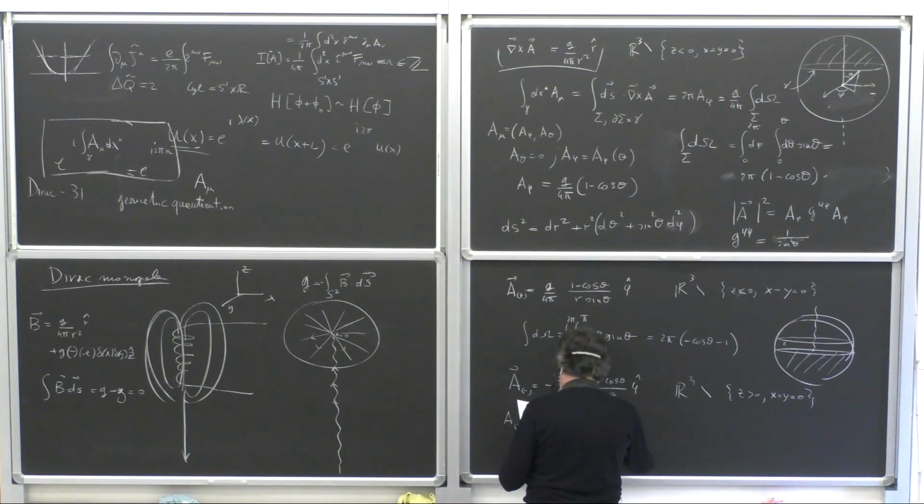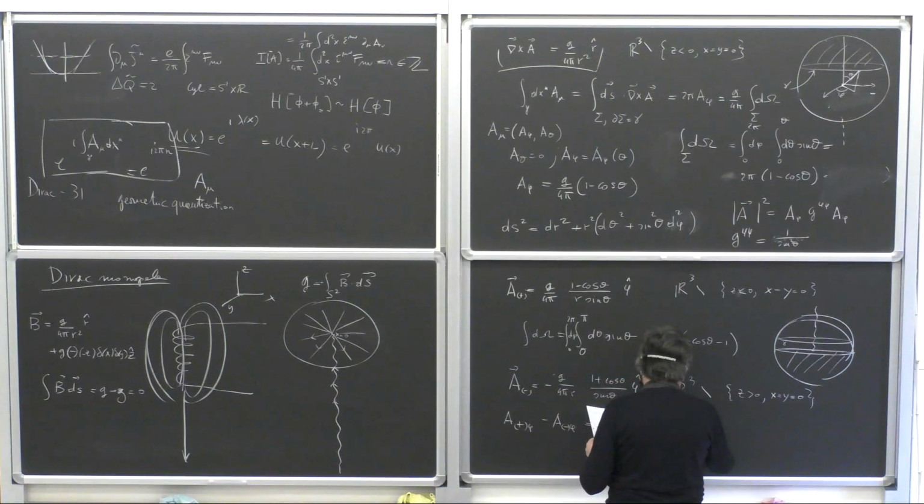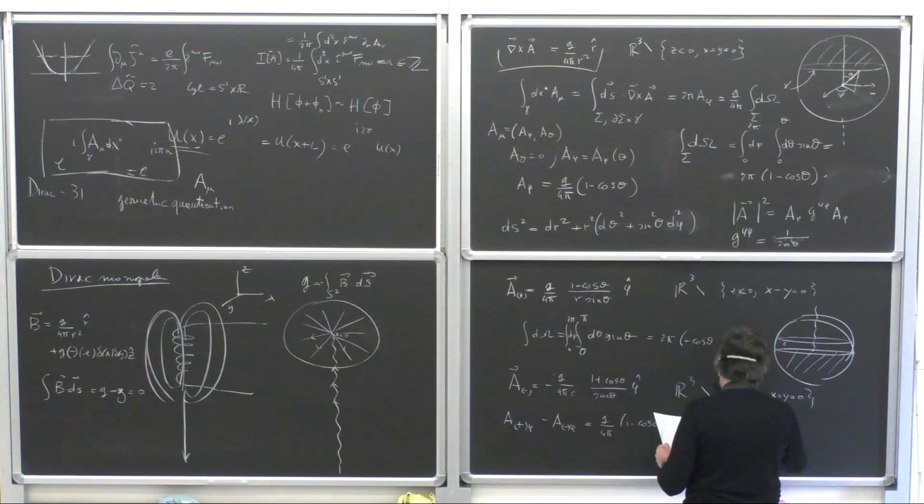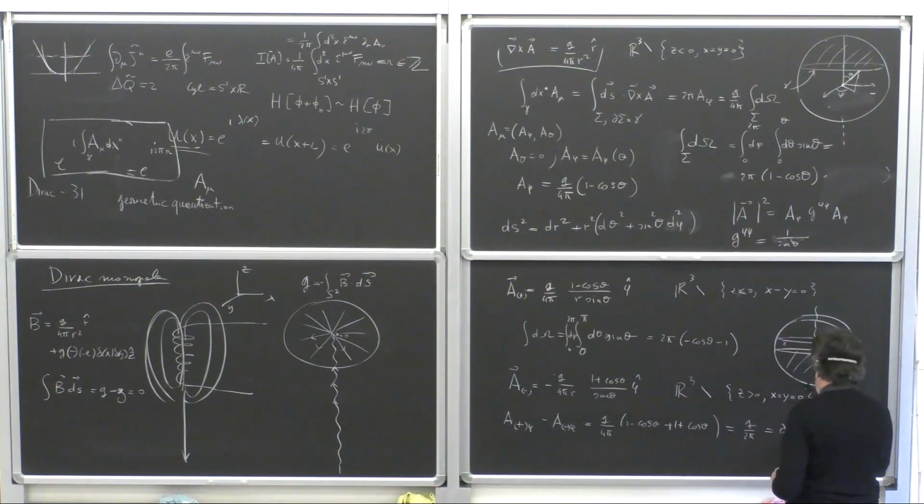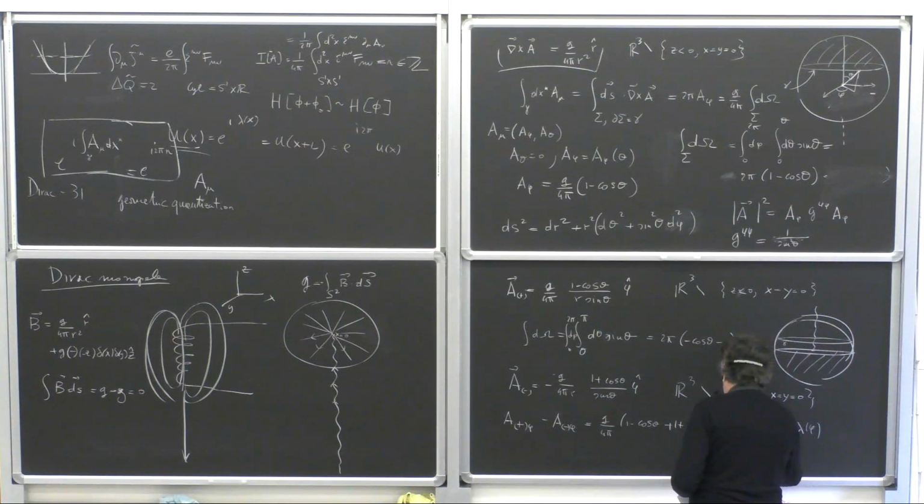It is g over 4 pi, (1 minus cos theta plus 1 plus cos theta), which is g over 2 pi, which is d phi lambda of phi, and lambda of phi is g over 2 pi phi.